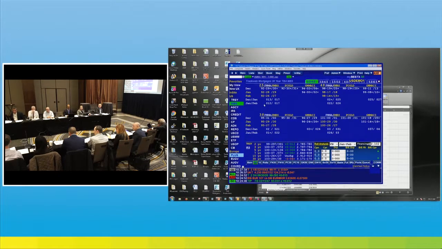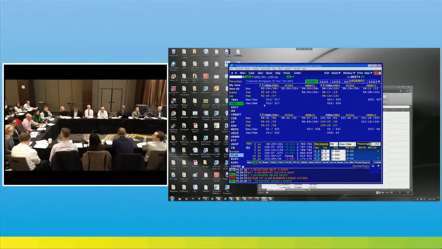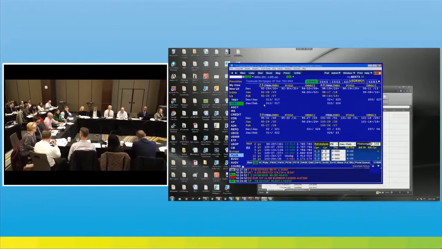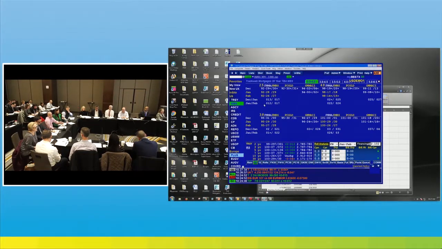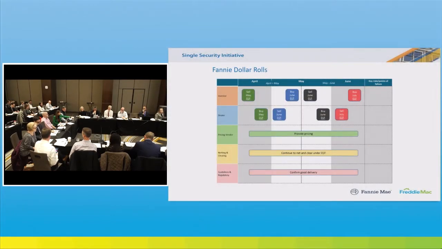Sure. Right now, obviously, for FNCL TBAs, we use the nomenclature FNCL. That also plays into other things as well. The FN, as Stephanie was just saying, will still be used for Fannie pre-June, and then UMBS post-June in respect to specified pools.